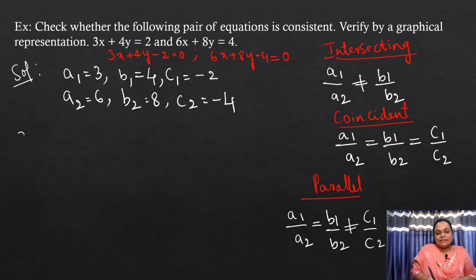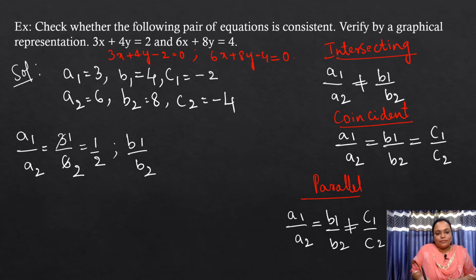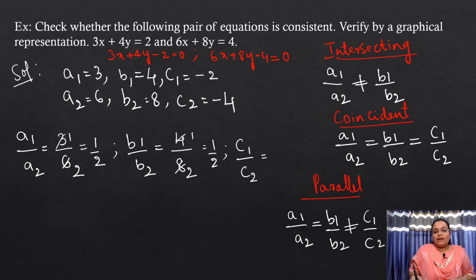So now let us take A1 by A2 first, which is 3 by 6. If you cancel it, 3 ones are 3 and 3 twos are 6, which is 1 by 2. And if you take B1 by B2, which is 4 by 8, again it is 1 by 2. Okay, if you take C1 by C2, which is minus 2 by minus 4, again 1 by 2.